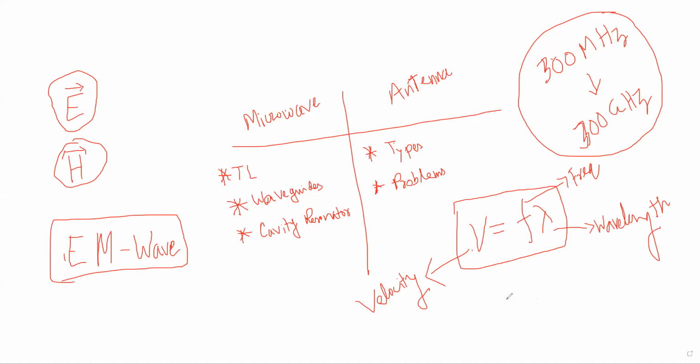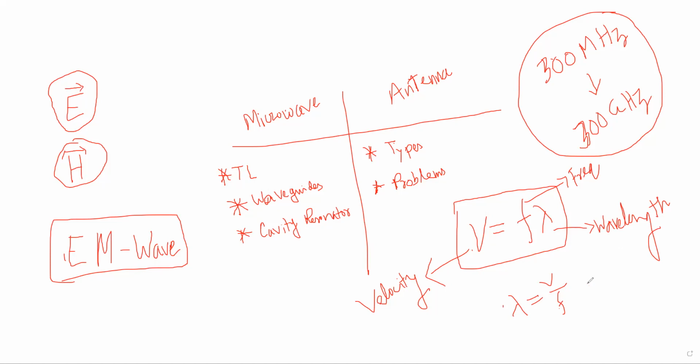Here, what can we write? We can write lambda is equal to V by F. Lambda equal to V by F.